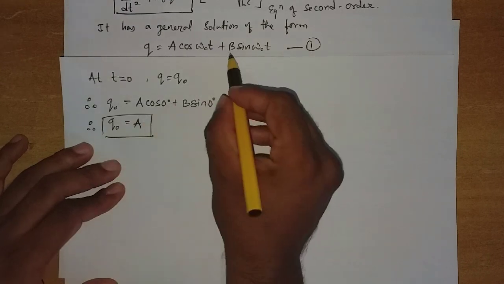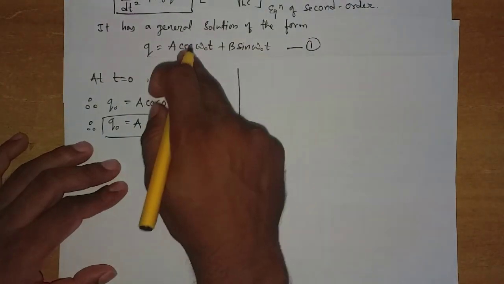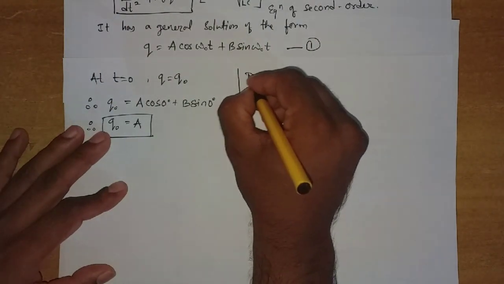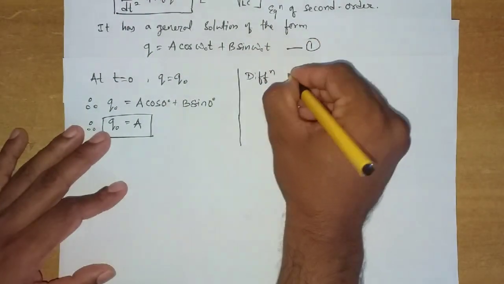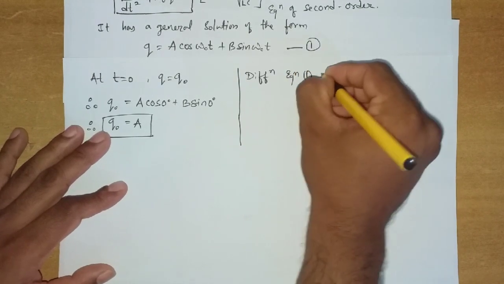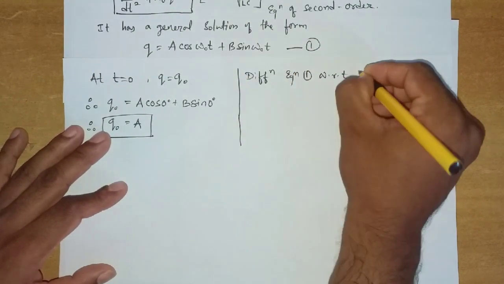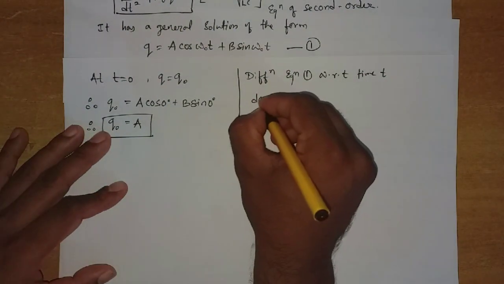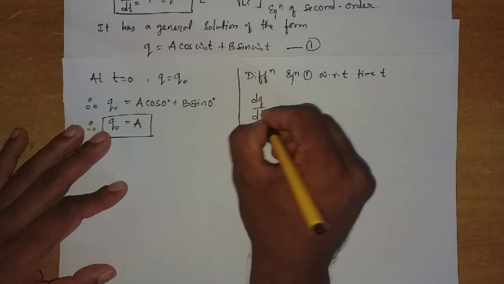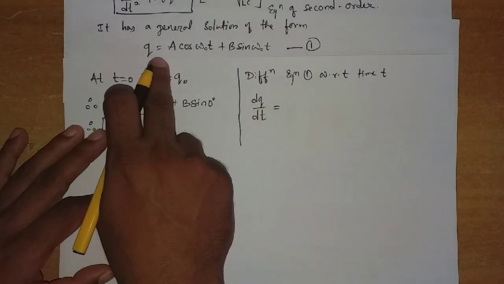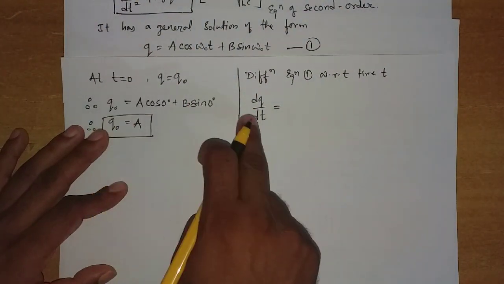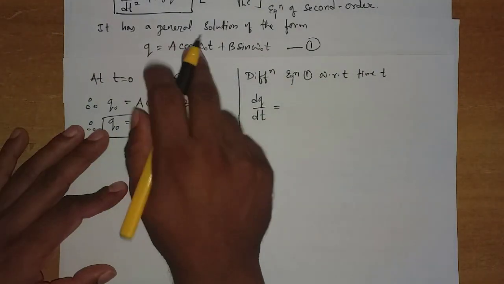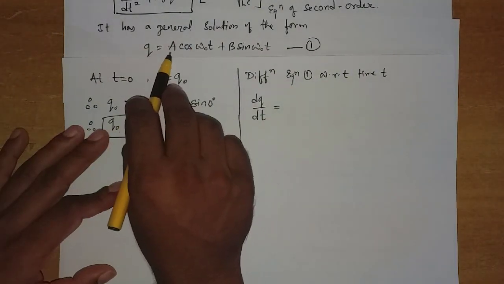Now to find the value of B, we differentiate equation 1 with respect to time t. So dq by dt is equal to, differentiating this term with respect to time t, A is constant so it comes out.